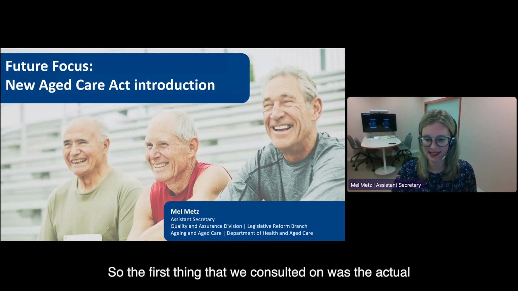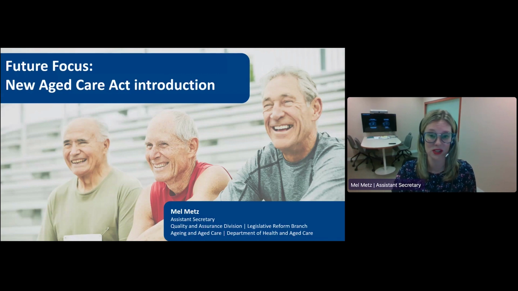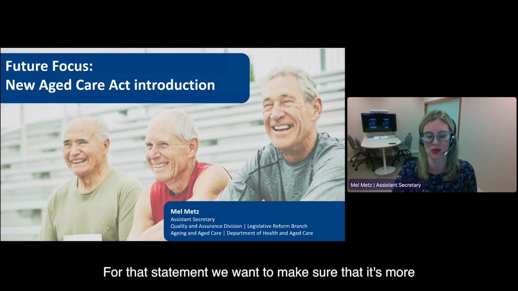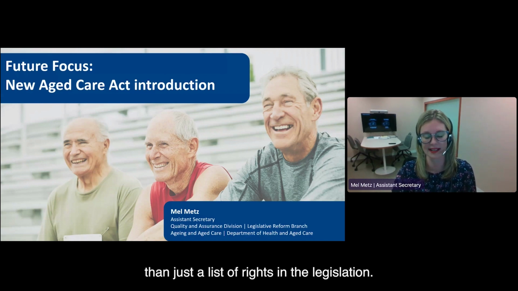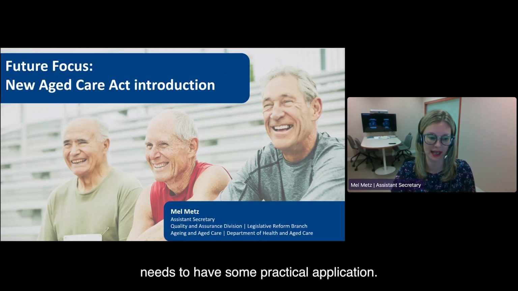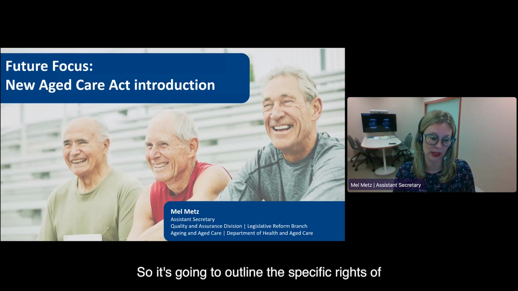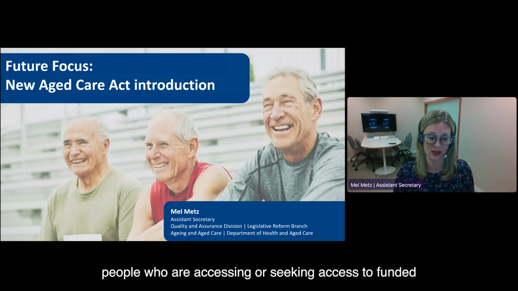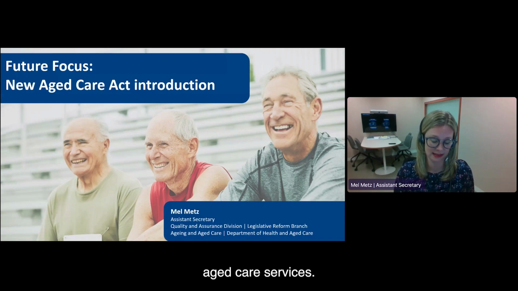The first thing that we consulted on was the actual statement of rights. We want to make sure that it's more than just a list of rights in the legislation. We know that it has to be more than symbolic and needs to have some practical application. So it's going to outline the specific rights of people who are accessing or seeking access to funded aged care services.